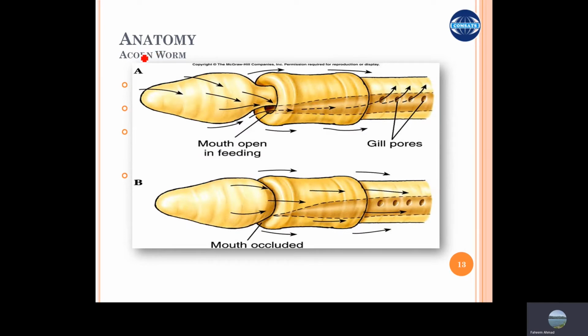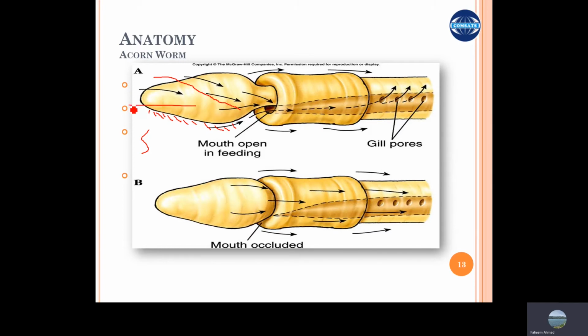The whole surface of the animal's body is covered with cilia, like hair-like structures all along the epidermis. These cilia are basically waving around to produce a water current, and water is moving along the body of the animal, right? And the mouth is in between the proboscis and the collar, which can be opened by protruding out or extending the proboscis.